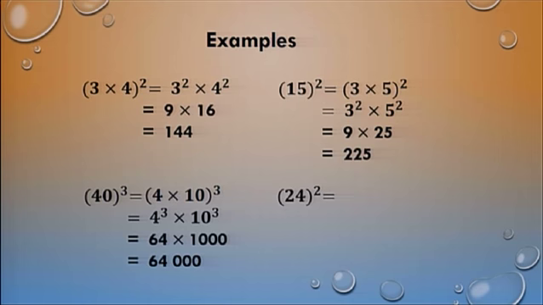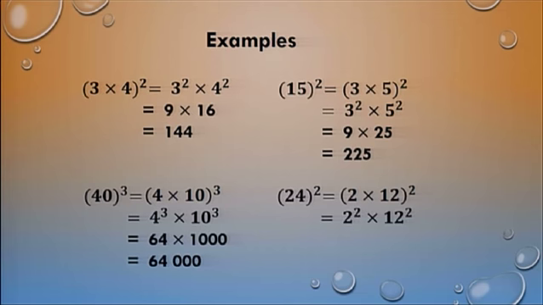Now 24 to the square. Can you think how we can simplify 24 squared without performing 24 times 24? I know you are thinking about 2 times 12, 3 times 8, 4 times 6. Okay, here let's use 2 times 12. 24 is the same as 2 times 12. We have the power 2.